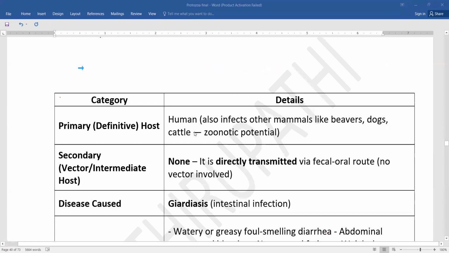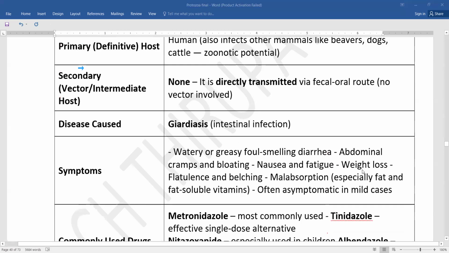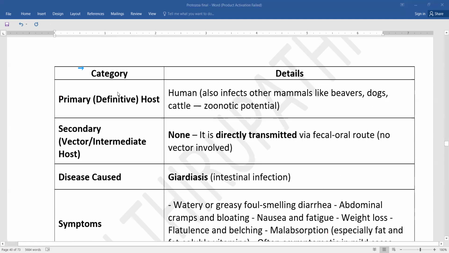Its primary host is human being. It may also infect other mammals like beavers, dogs, cattle, animals. There is no secondary host or vector. It is directly transmitted via the fecal to oral route due to contamination. So it has only one host. It is a monogenetic parasite. Human being is the main host.